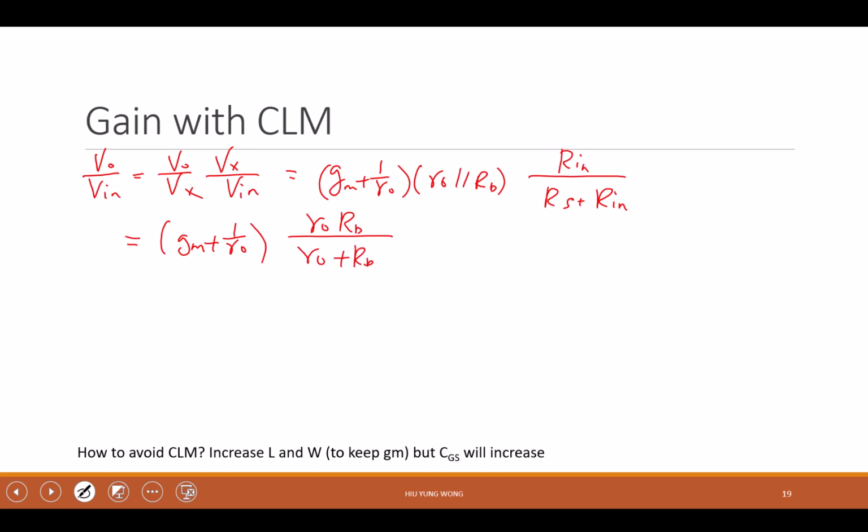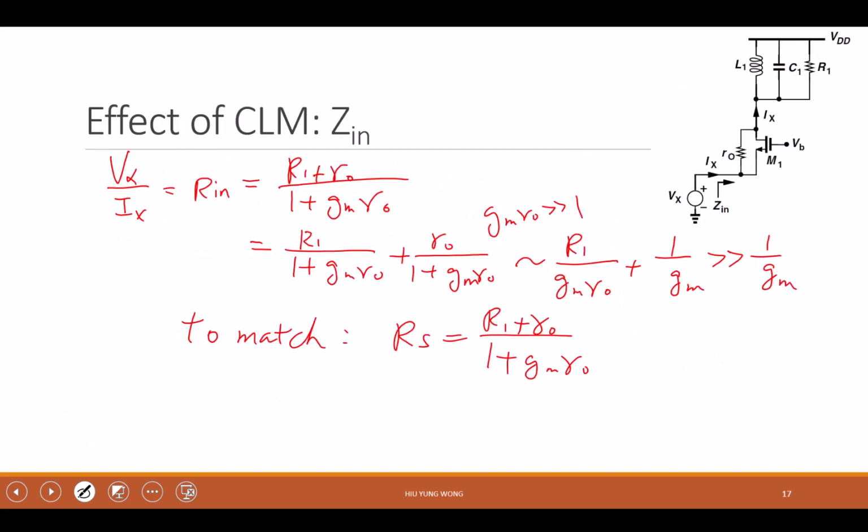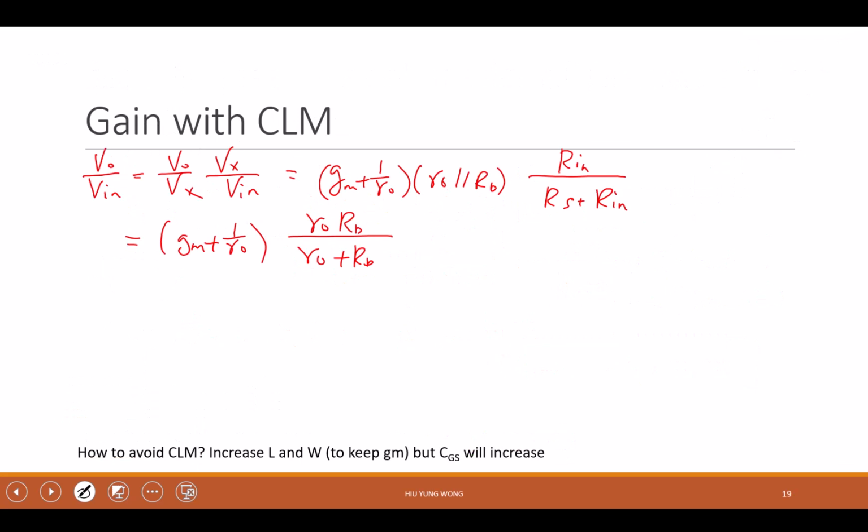But for input, remember, it is actually changed because now I match it. I actually match it with R1 plus R0 divided by 1 plus GM R0, right? So I just plug in those I have. I have R1 plus R0 divided by 1 plus GM R0, the whole thing divided by RS plus R1 plus R0 divided by 1 plus GM R0.